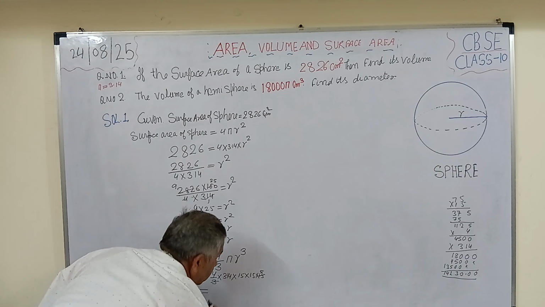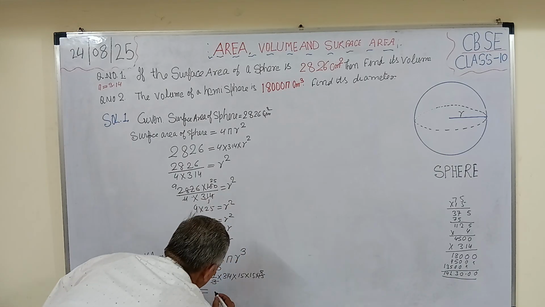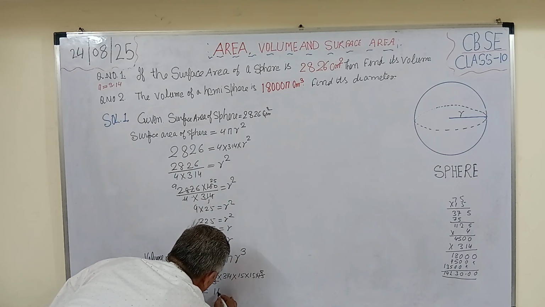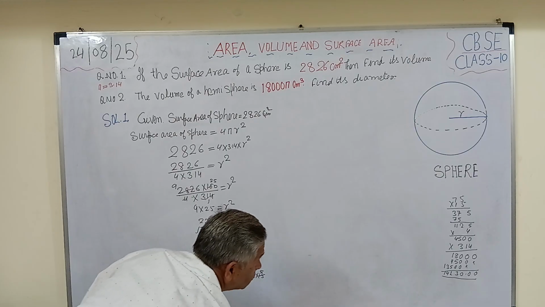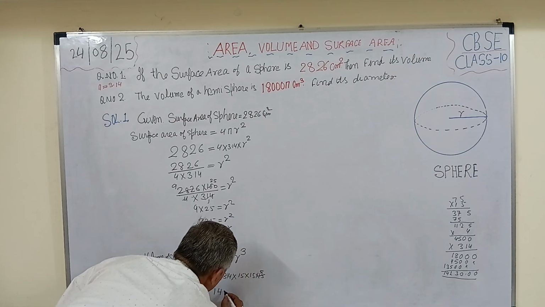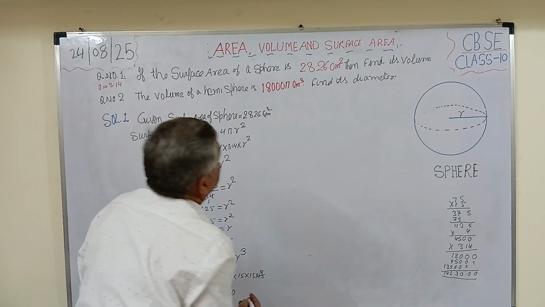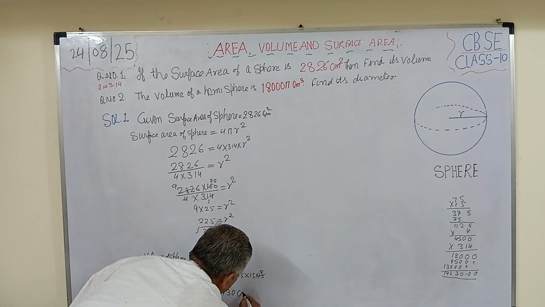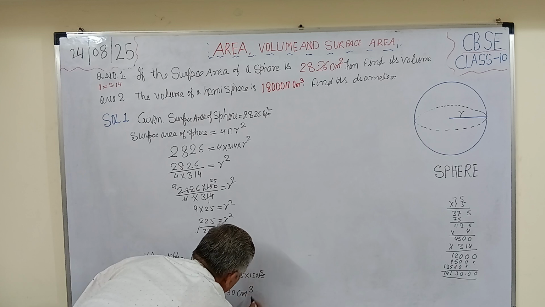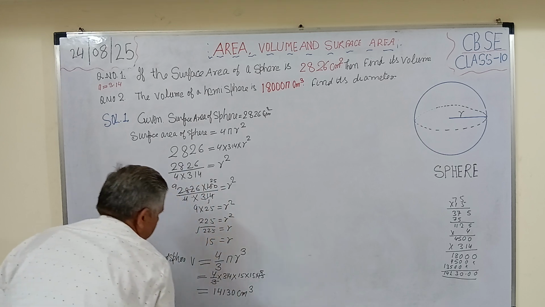So the volume of the sphere will be 14,130 centimeter cube. This will be our answer.